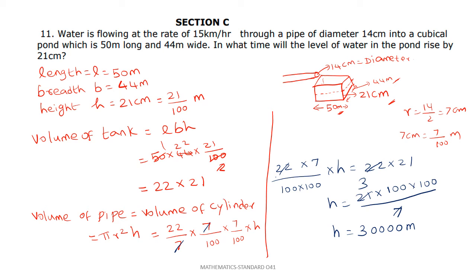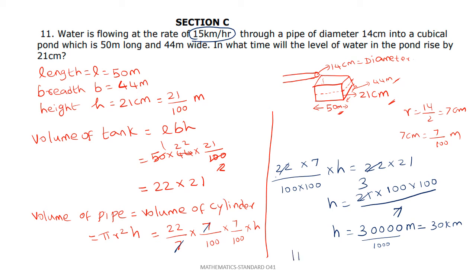Now we need to find how much time it takes. So what details is given for finding that? 15 kilometer per hour. Okay, so for 30 kilometer, how much time it will take? So 30,000 meter, if you change to kilometer, we have to divide by 1000. So when we divide it, we will get 30 kilometer.